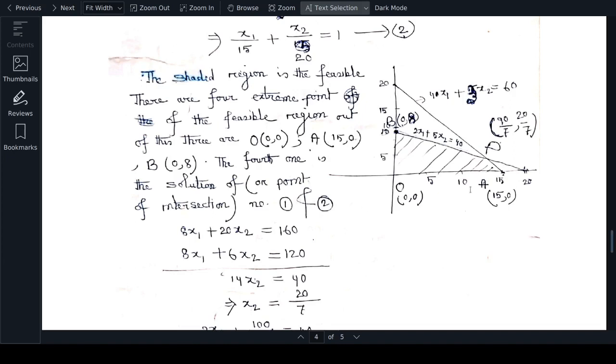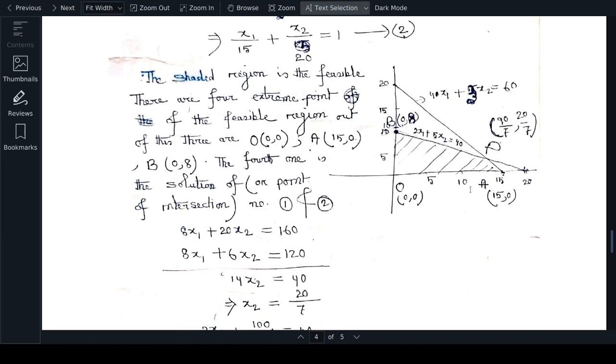So you check at the corner points. The points are origin O, then B point, then P point, then A point. Next, what is our aim?